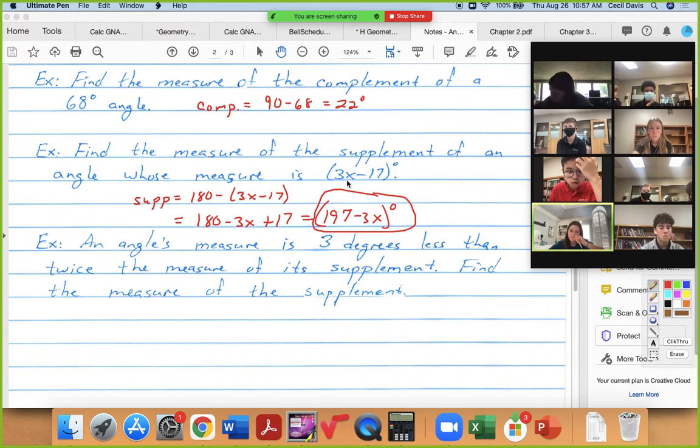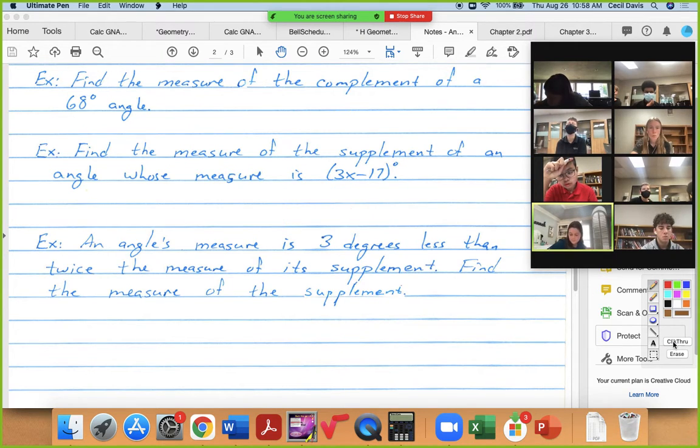So they gave us the measure of the angle was 3x minus 17. So we just did 180 minus the measure of that angle. And then we just simplified this as much as we could by distributing the negative sign and then adding the like terms. Cool? All right. You're welcome. Yeah, anytime you have a question, stop us.